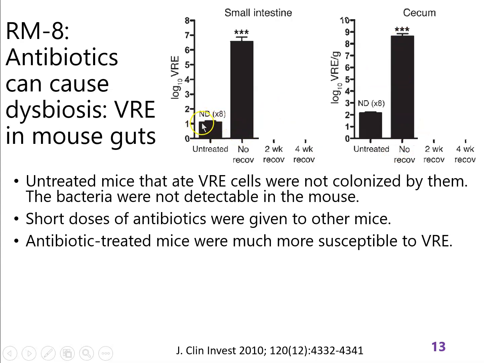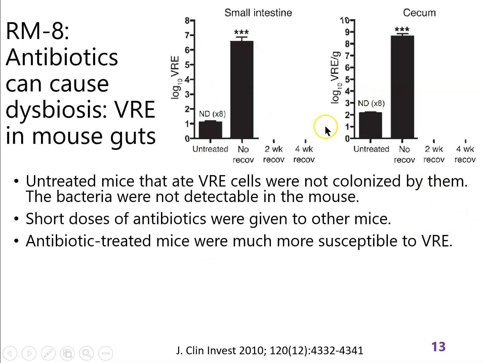They went from not detected, like 10 to the first power here, all the way up to 10 to the 6th or 10 to the 7th. This is probably about 3 million cells. So from less than 10 to 3 million, and from less than 100 to 300 million in the cecum. And what these little stars indicate is that there is a detected significant difference between these numbers.